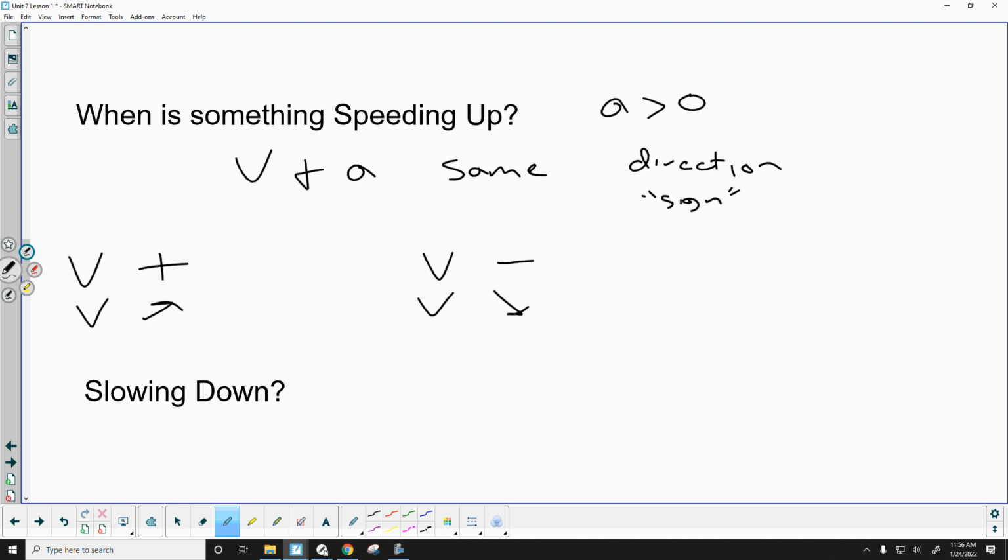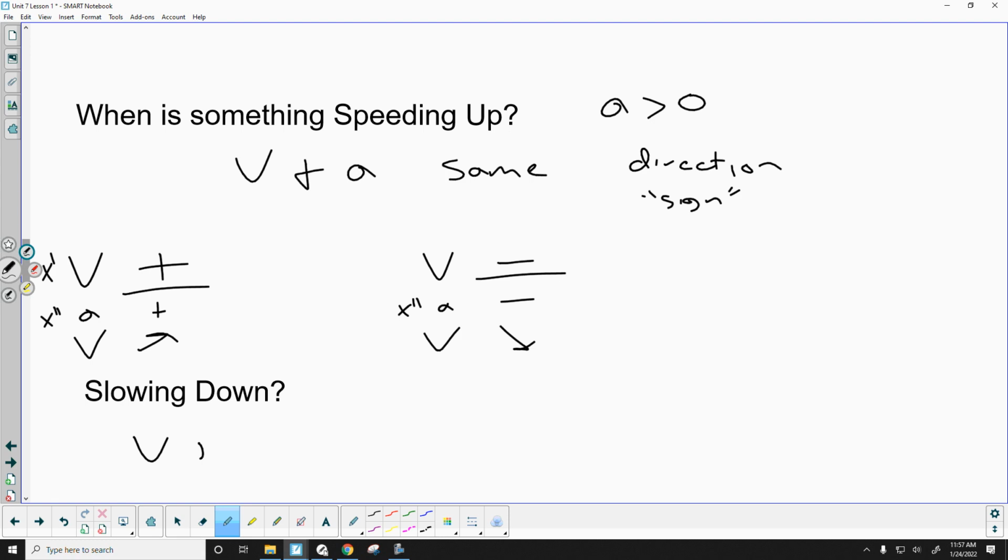To get that, we'll need x prime, and then we'll also need x double prime to be positive or negative. When am I going to be slowing down? V and A have opposite signs.